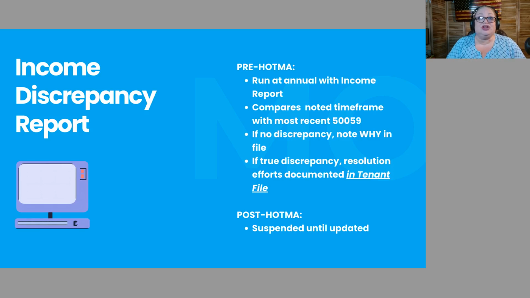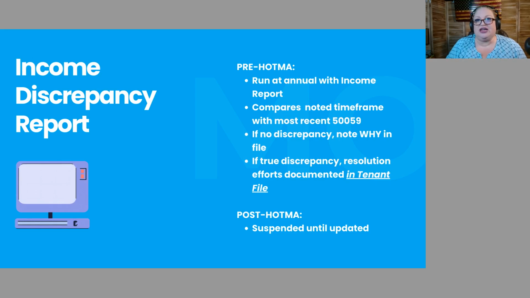So in some cases, there can legitimately be a significant difference. If it's not really a discrepancy, for instance, yes, 2 years ago my tenant was working, they're not working anymore, so there's no real discrepancy. You're just going to note that report, tenant quit employment on X date, or tenant lost employment on X date.